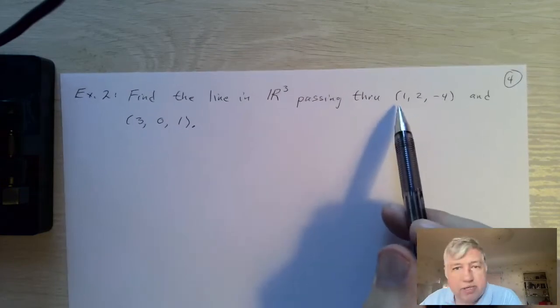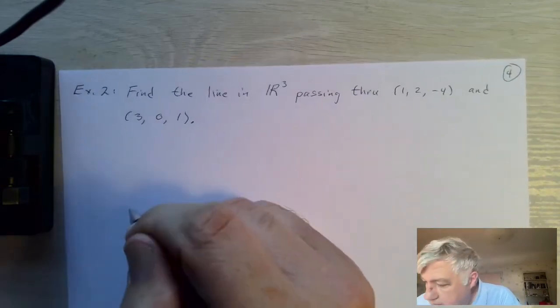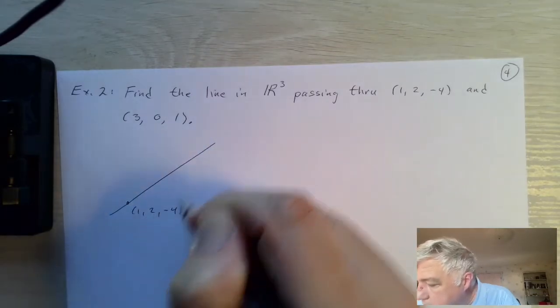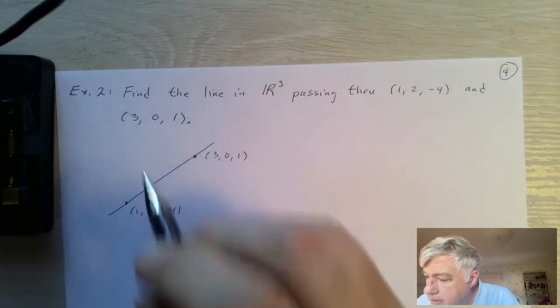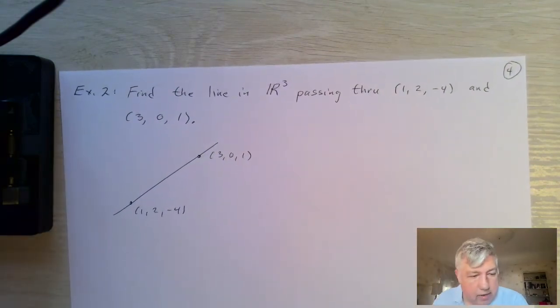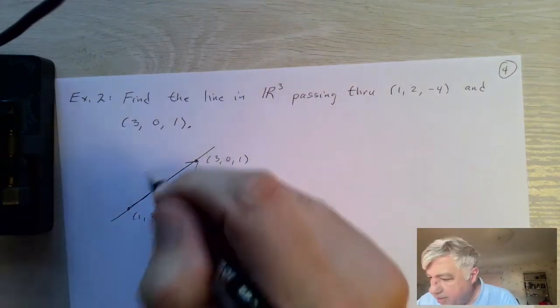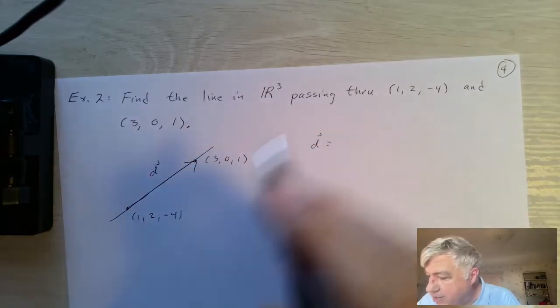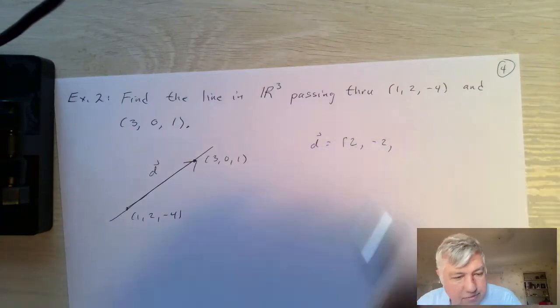here we have 2 points. We have (1, 2, -4) and (3, 0, 1). Okay. And we can first find our direction vector here, D. What is it? 3 minus 1, so that's 2. 0 minus 2, -2.